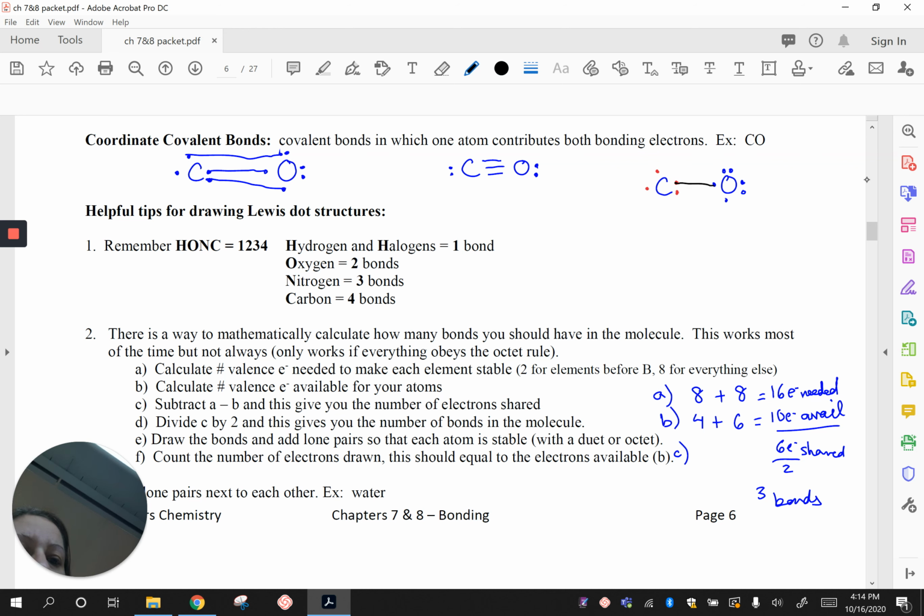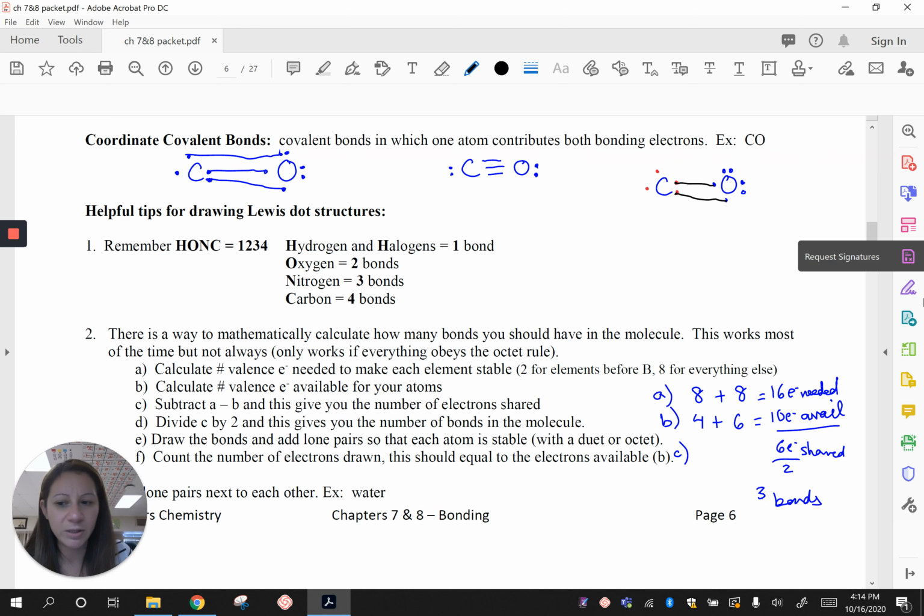Good. Another pair right here. Good. Now carbon has 6, oxygen has 8. So oxygen's already good with its octet. Like we saw before, we don't want to make a third bond between this electron and maybe this electron, because then oxygen would have too many.